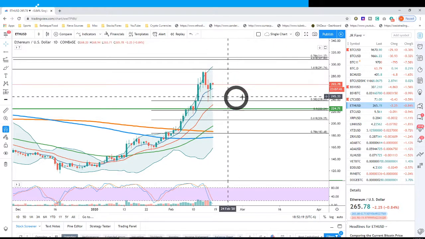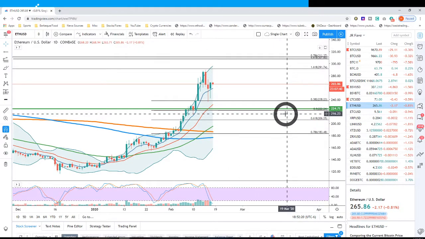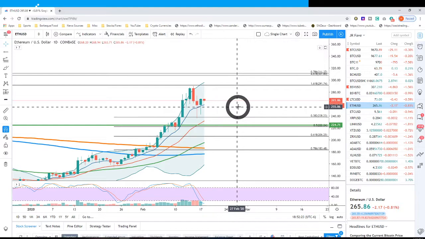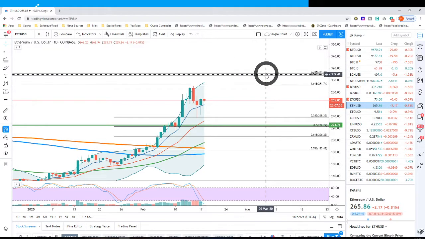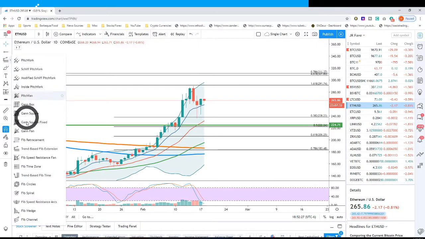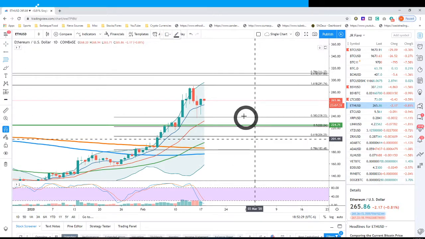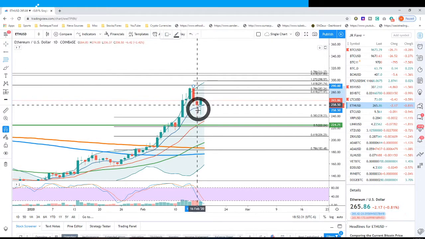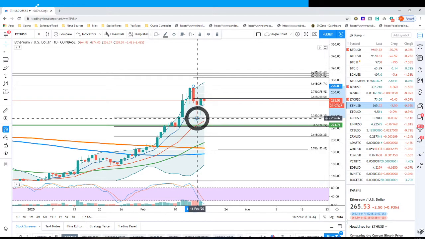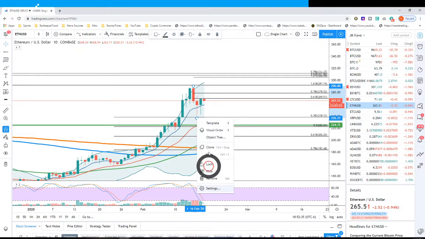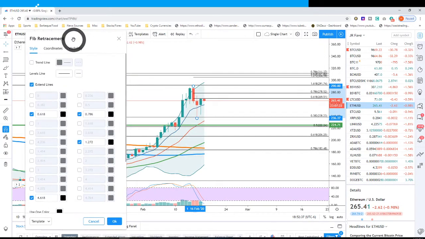So, let's do some retracements on it. If that's the bottom, let's see if anything else up in here lines up. Let's go fib retracement, and let's draw it from that high down to that low. Okay, and let's get that out of the way so I can see what's going on. All right, well, I didn't have to change a thing.